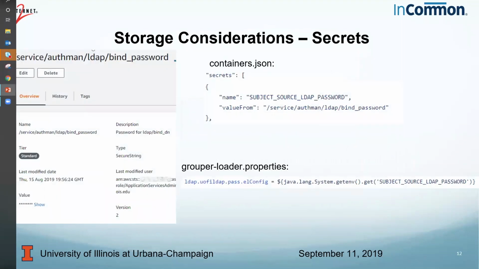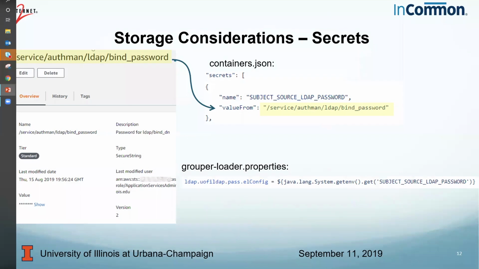So taking a look at that here, we can see in the console that we've basically created a canonical path for our parameters here, in this case service authman LDAP bind password. And in the console, I don't have the value showing there, so that's kind of nice. But basically in my JSON, in my Terraform code here, I've got a secrets block where I've got the value from referencing that parameter store.